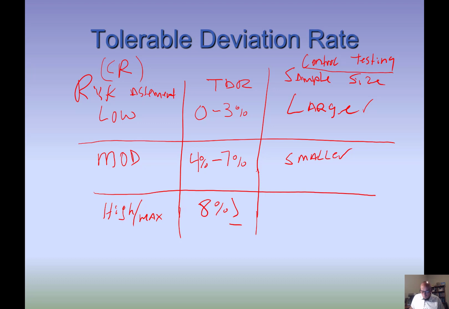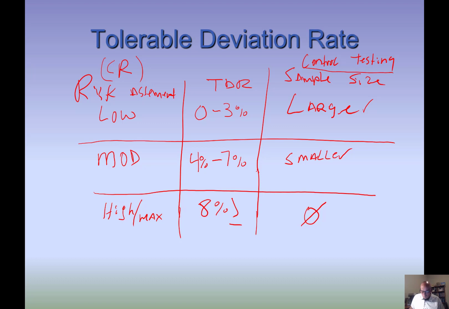Okay, and so what happens here? What's my sample size now? My sample size is 0 now. I don't do my control testing. I bypass my testing of operating effectiveness and go straight to my substantive testing.